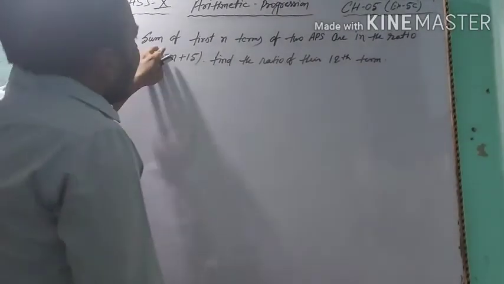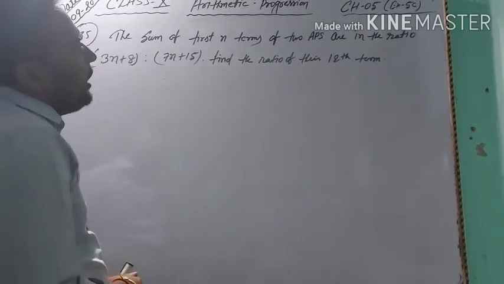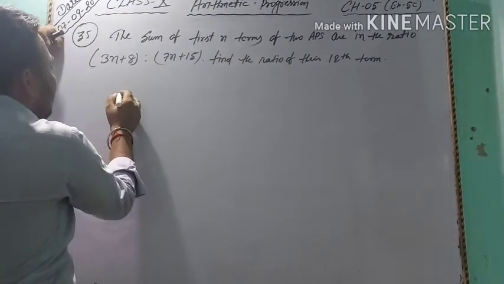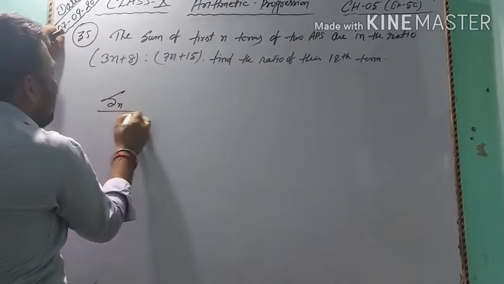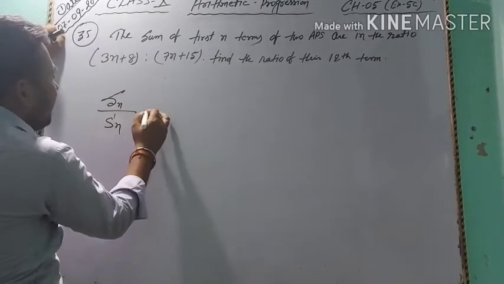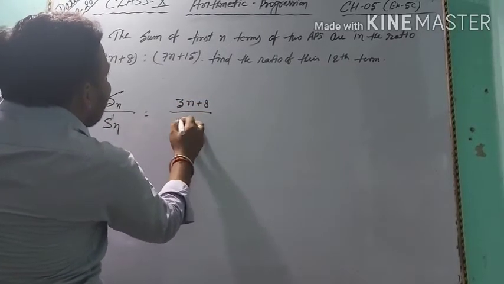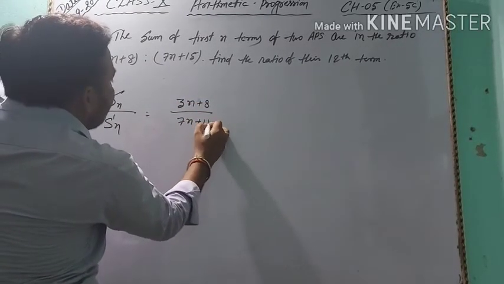The sum of first n terms of the two APs are in the ratio Sn by S dash n equal to 3n plus 8 by 7n plus 15.